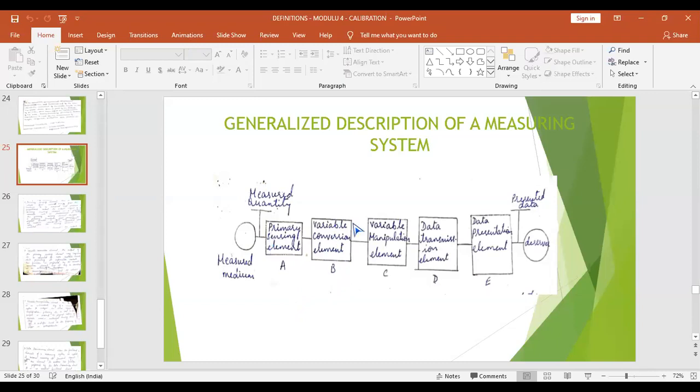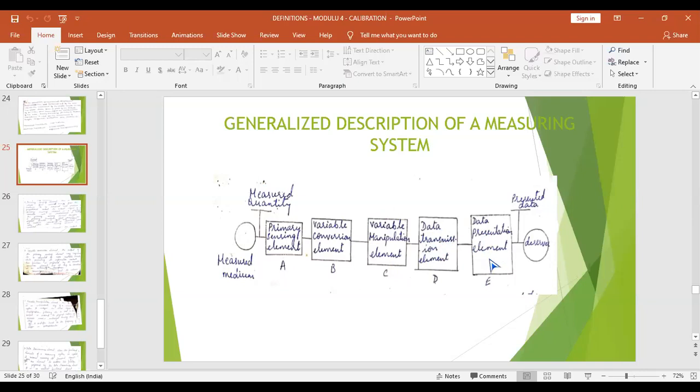That voltage signal is fed to the variable manipulation element, where it is converted into a digital signal. The digital signal is amplified, rectified and filtered in the data transmission element and converted into the input required by the data presentation element.